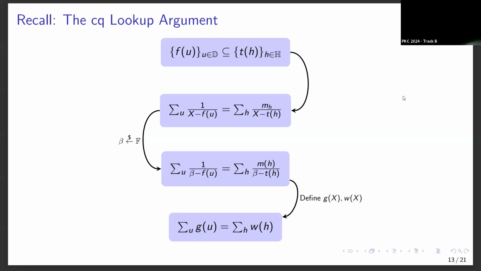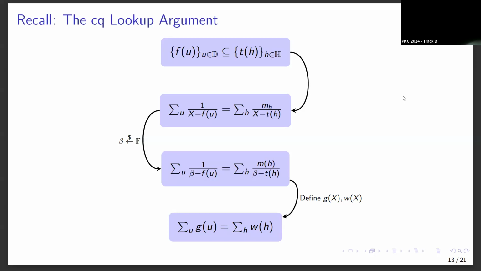And then we check the equality at a randomly sampled beta. And finally, this problem is transformed into checking the equality between the sums of two polynomials, respectively evaluated at the two domains. Okay, that's basically the idea of CQ.